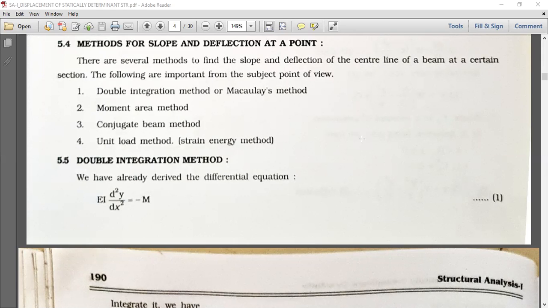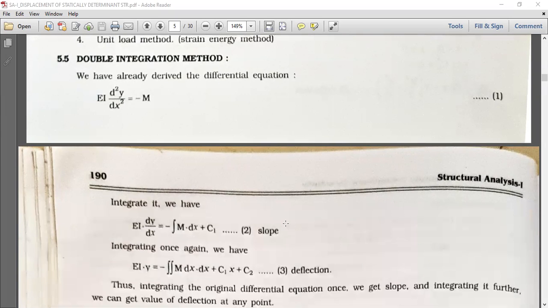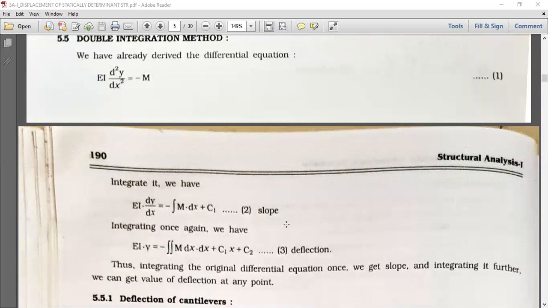First, double integration method. We already derived the differential equation EI d square y upon dx square is equal to minus M. To integrate it, we have EI into dy by dx is equal to minus integration M into dx plus c1, which is slope.